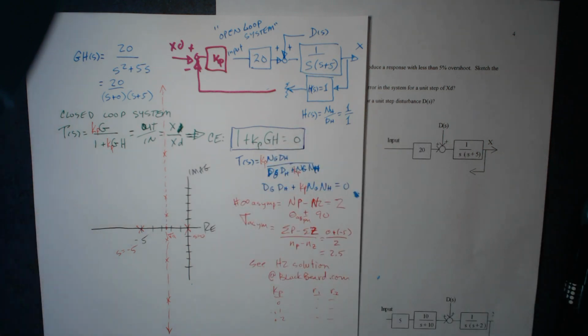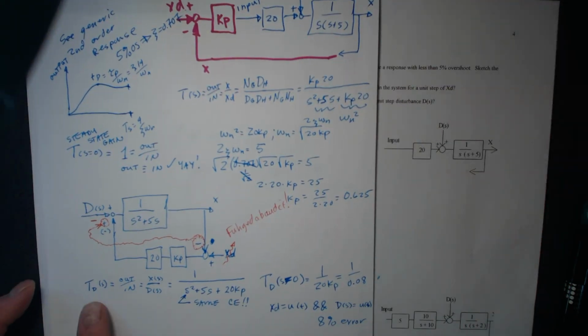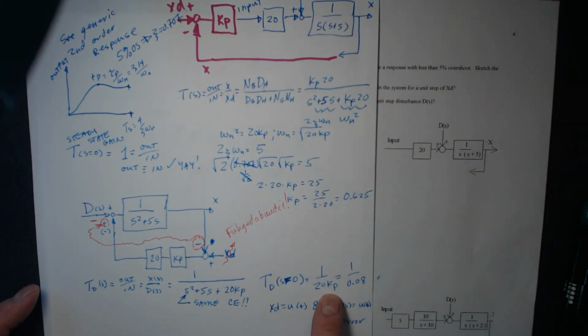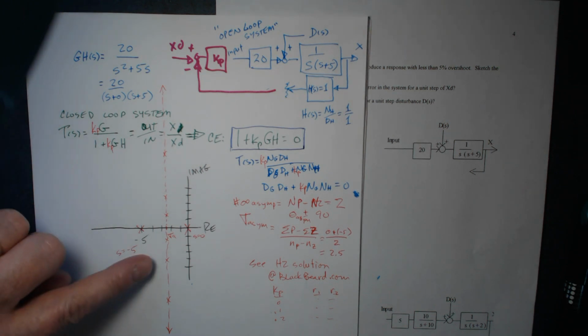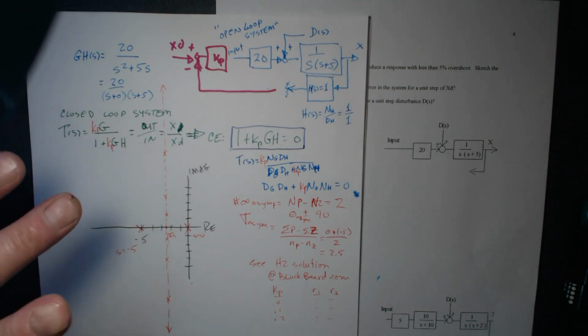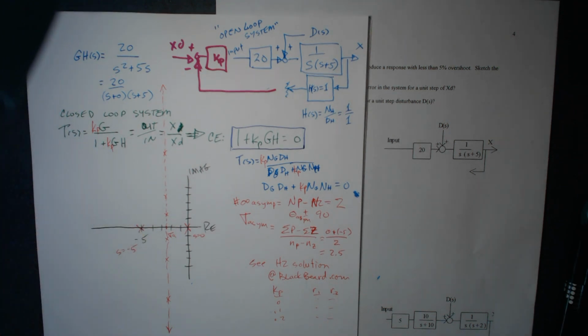We saw that last time. As long as Kp gets bigger, the effect of the disturbance gets smaller and smaller. It is true that as we move up this line, the oscillatory behavior of our response gets a little worse, but maybe we'll accept some of that in order to get the disturbance effects down.